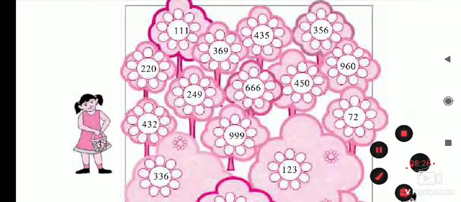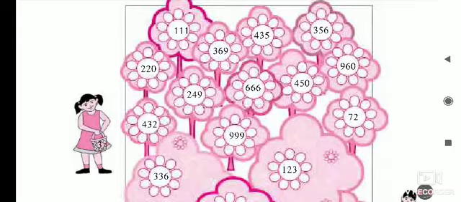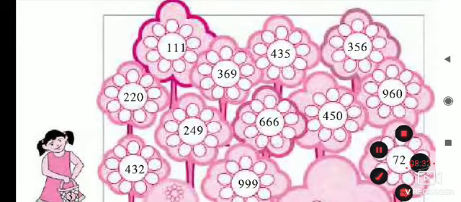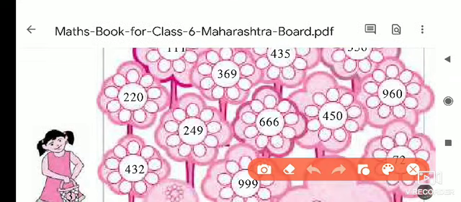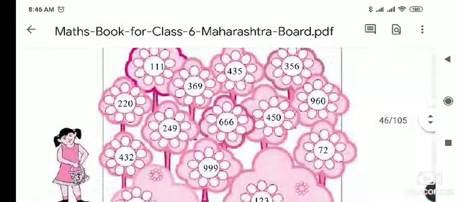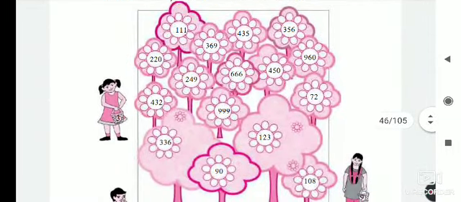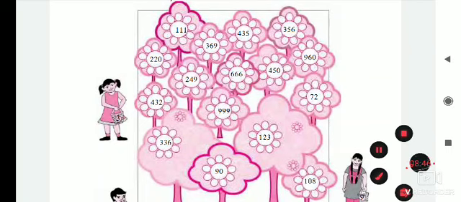The sum of the digits of a number, if it is divisible by 3, then the given number is divisible by 3. So first of all, we will start from here. First 111.